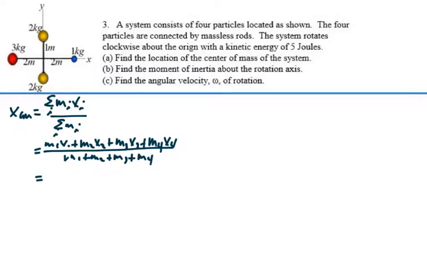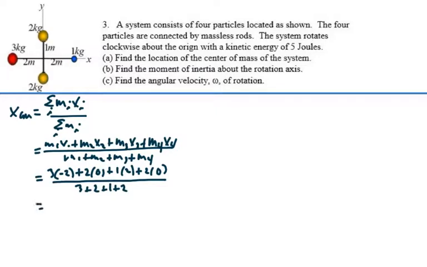So this would be 3 kilograms times a negative 2 meters plus 2 kilograms times 0 for the x position plus 1 kilogram times 2 meters plus 2 kilograms times 0, all over 3 plus 2 plus 1 plus 2.